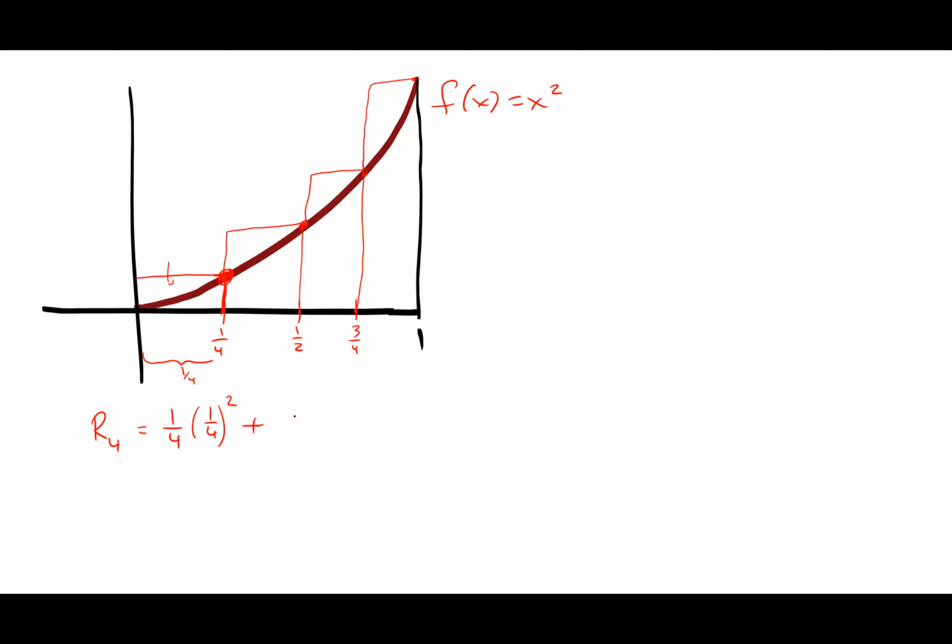So I've got that guy plus, again, the width of my second rectangle and the height of my second rectangle, then the width of my third rectangle, sorry. I can't say length and width anymore, because now it has turned into a width. A width of 1/4 and a height of that value there.